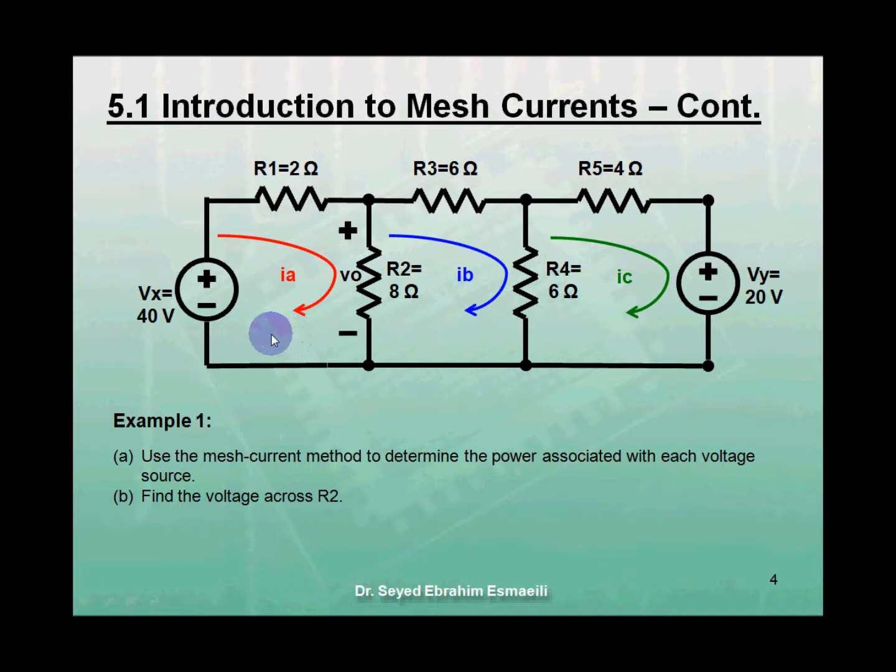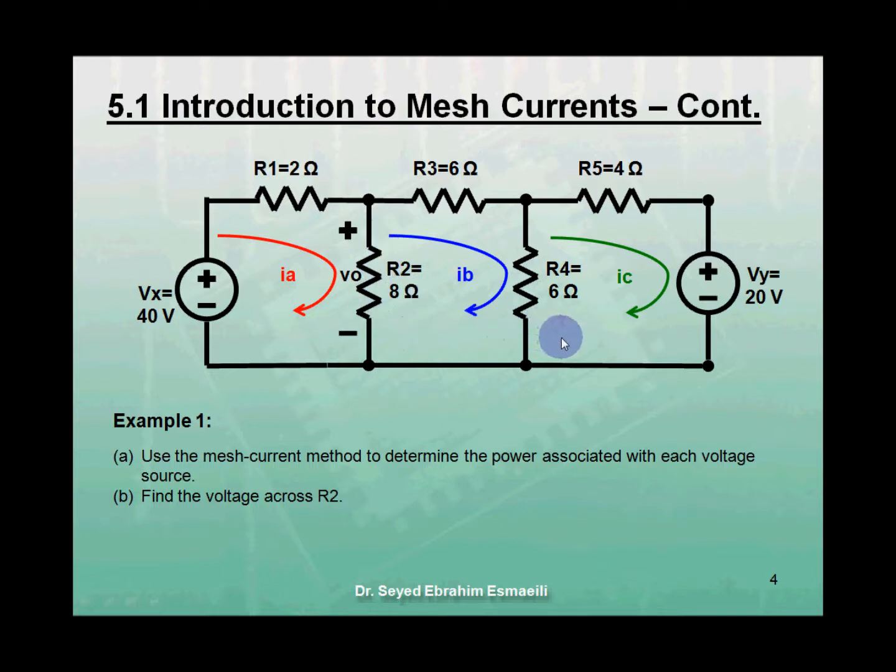That is, when we apply KVL to the first mesh, the voltage drop across R2 is in the direction of IA. However, the voltage drop across R2 when we apply KVL on the second mesh will be in the opposite direction, that is, in the direction of IB.